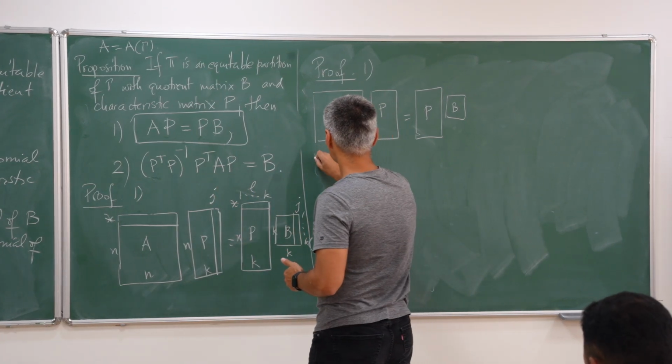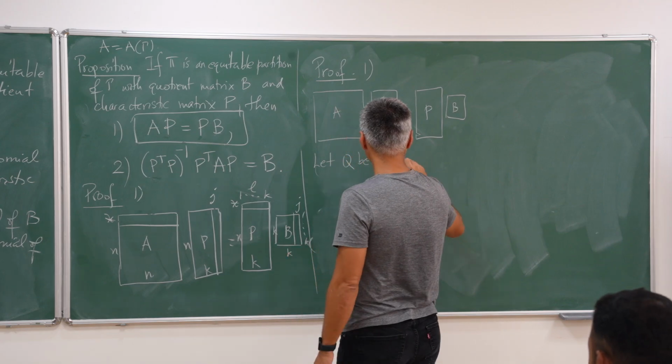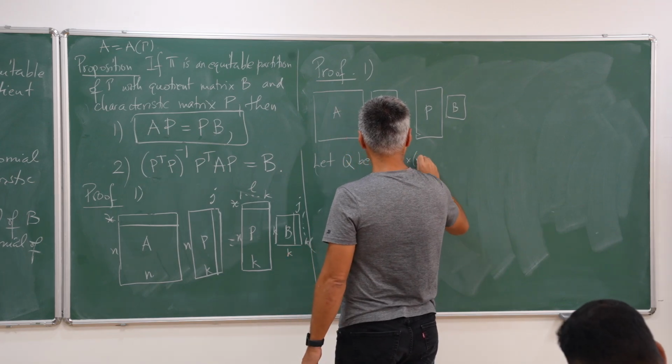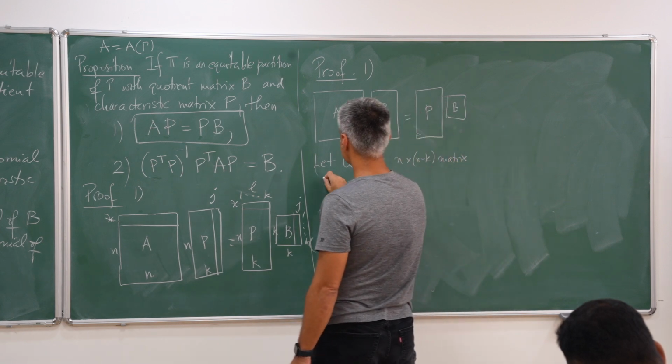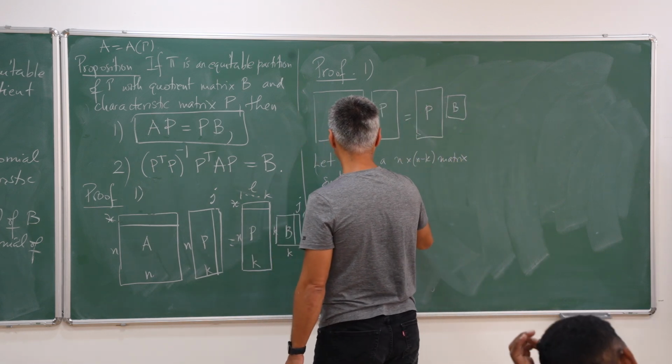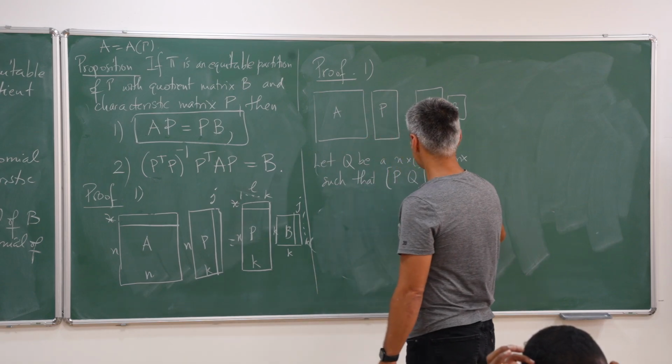So let Q be an n by n minus k matrix such that the matrix PQ is invertible.